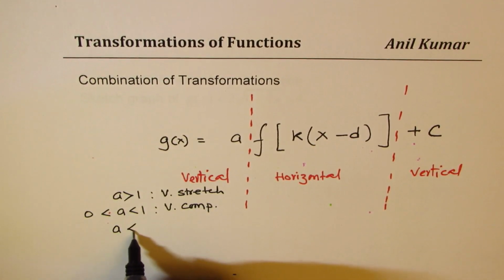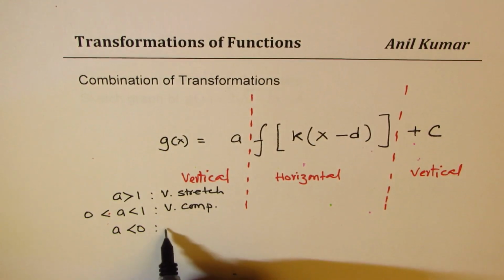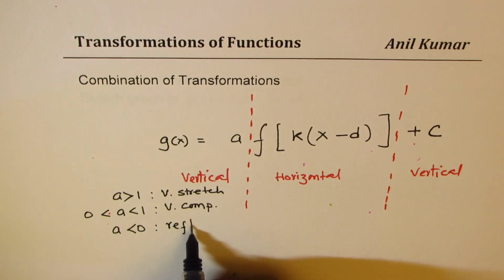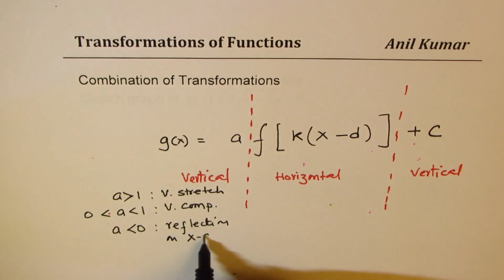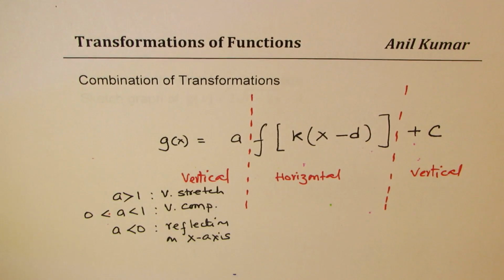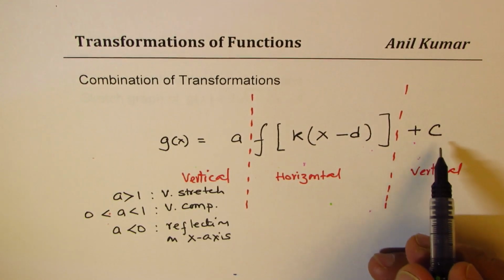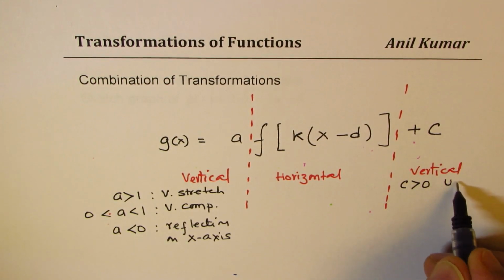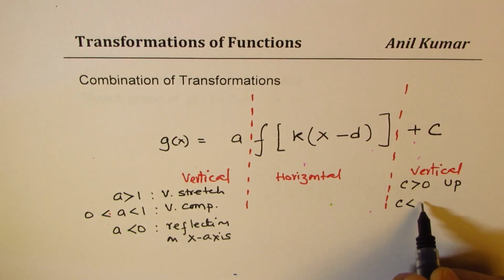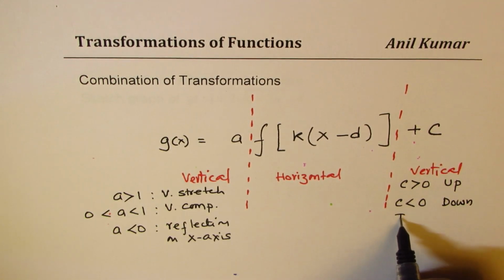If a is less than 0, I mean negative, it means reflection on the x-axis. On the other side, on the vertical side of c, if c is greater than 0, it means up, and if c is less than 0, it means down. Translations.